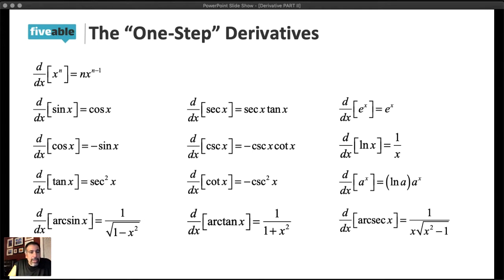I had a teacher I was talking to very recently, an AP teacher, who said, the number of questions that deal with inverse trig on the AP exam is so low that I feel like it might not even be necessary to teach them and kind of roll the dice and take the chances that there won't be that many points associated with them. You might feel that way because of the number of points that are generally given.